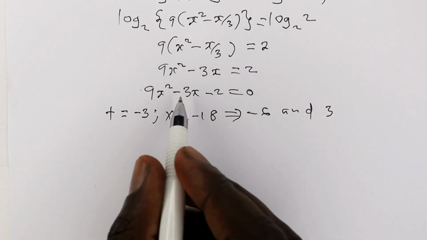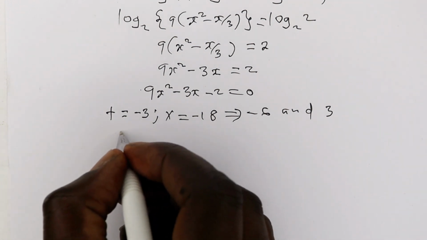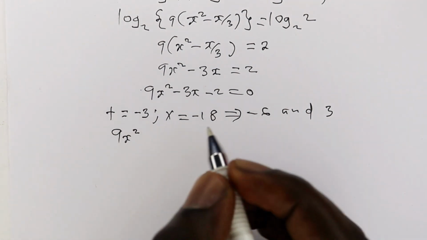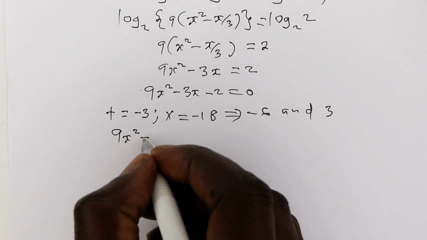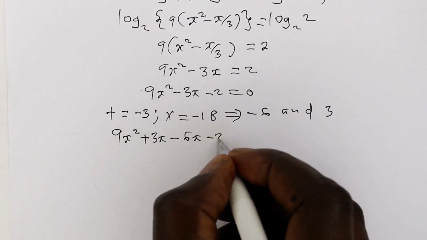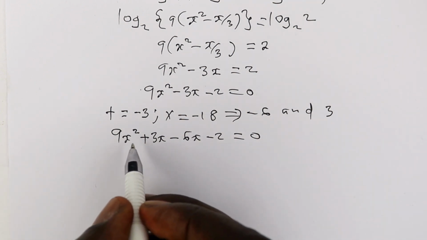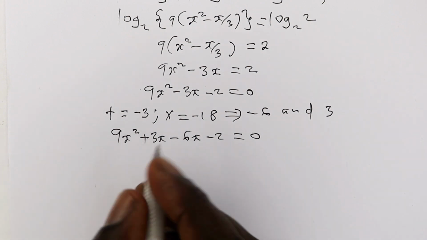So let us split negative 3x into negative 6x and positive 3x. You're going to have the equation as 9x squared plus 3x minus 6x minus 2 is equal to 0. So let us factorize. The common factor here is 3x.